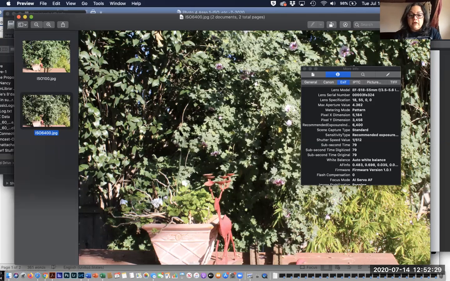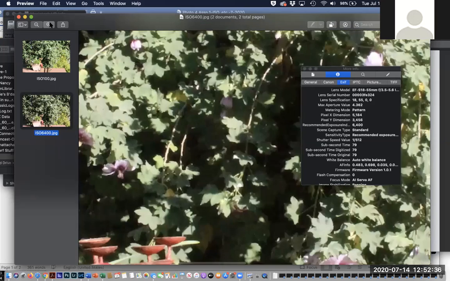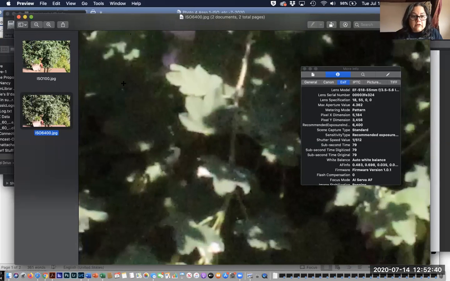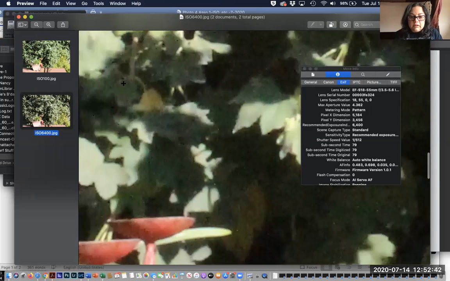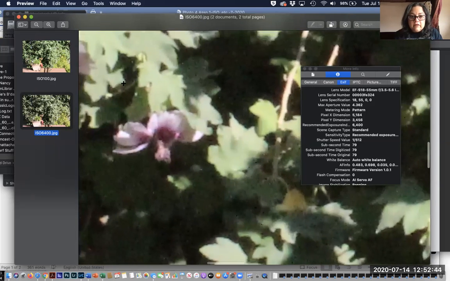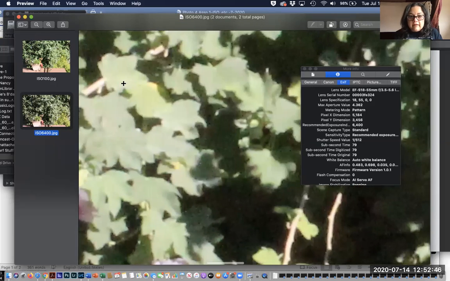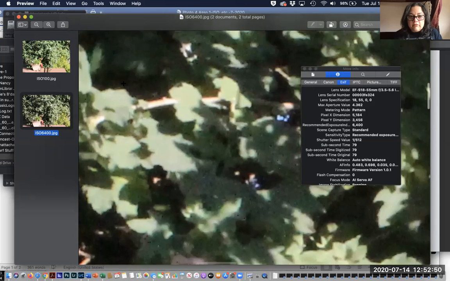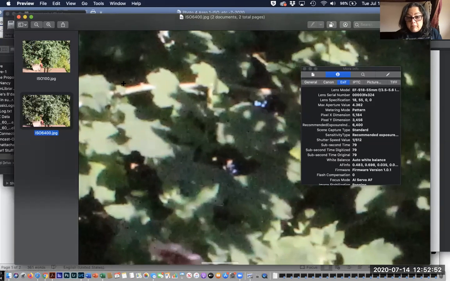In terms of the quality of the image, I don't know if you can see that as well, but you're starting to be able to see these little blobs of color and things that don't really belong there, although this camera does pretty well.